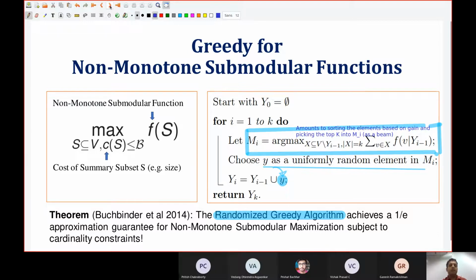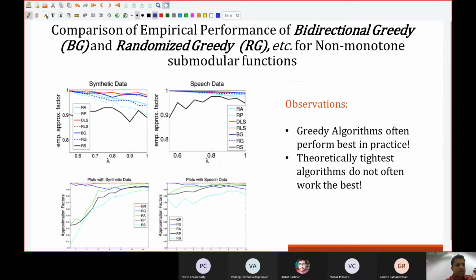So what would you think performs better? Let's just look at this. There are many plots here, but this is randomized greedy, I think in blue color. Not the lightest one, this one.